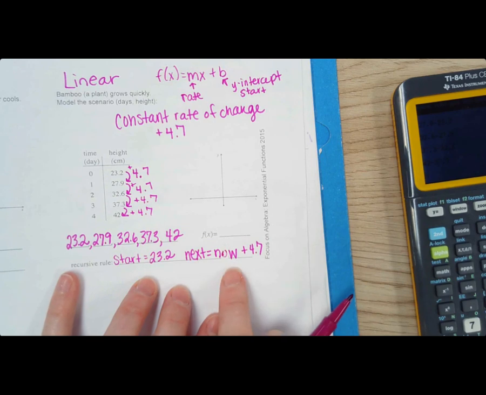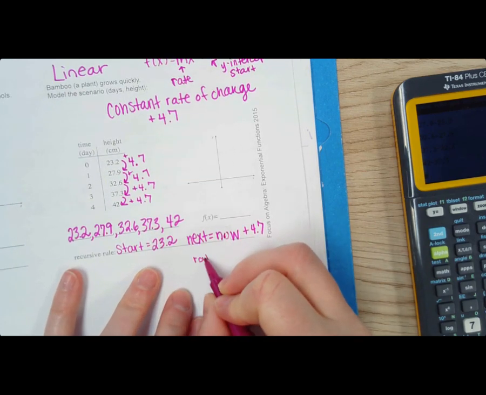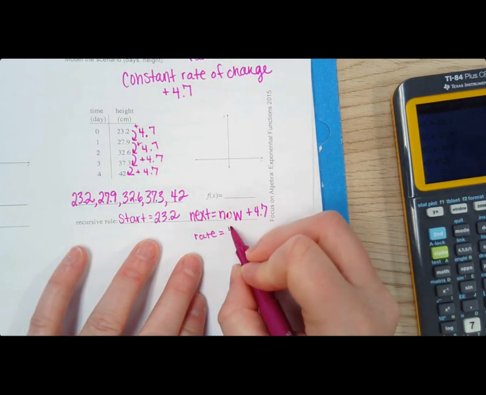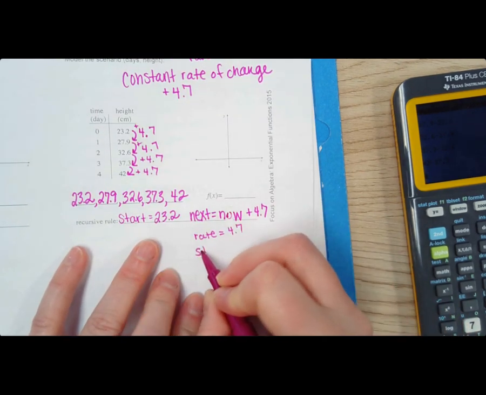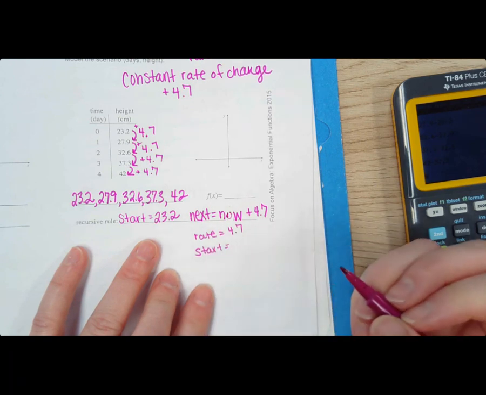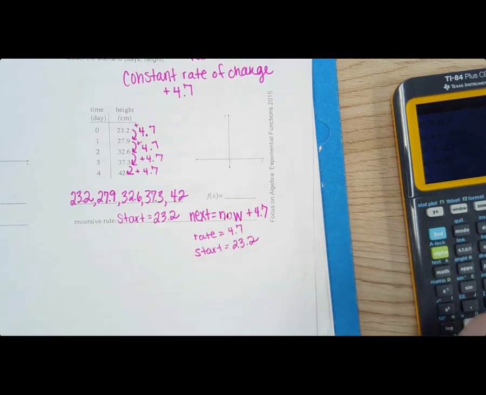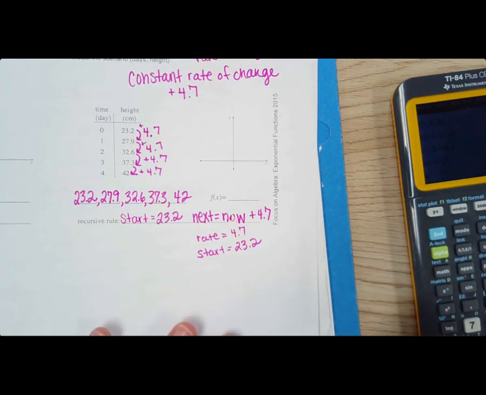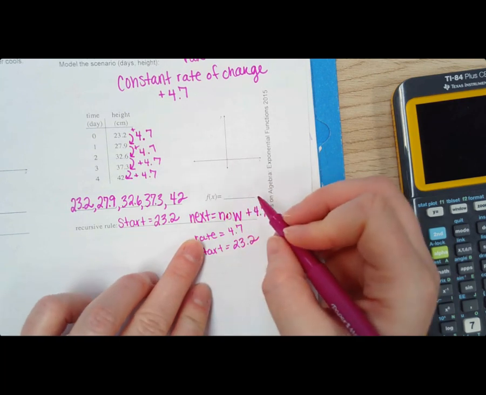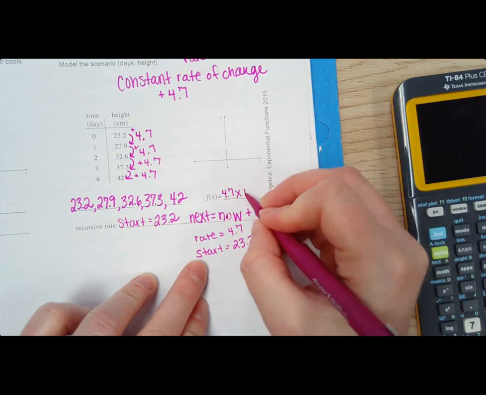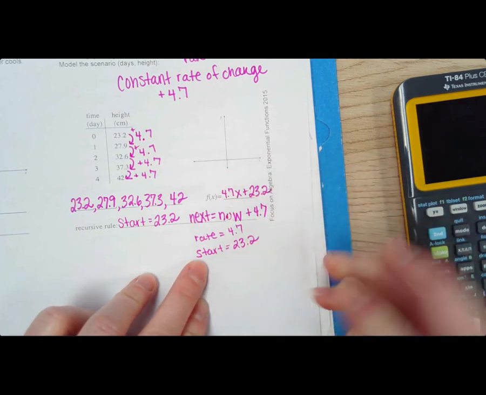So then in this one, what is our rate? 4.7. And what is the start or the y-intercept? 23.2. So f of x is going to equal mx plus b. So 4.7 times x plus 23.2.